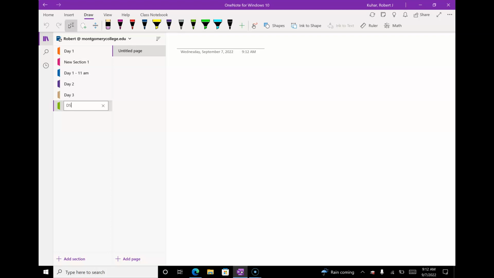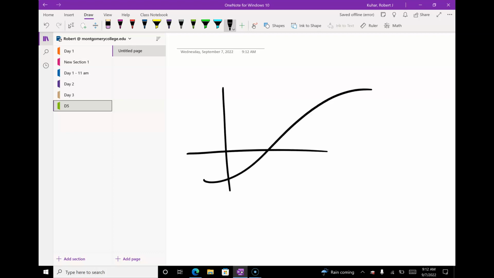I'm calling this day 5. Day 4 was Monday. We didn't have class, but it's just easier for me to think of always Monday, Wednesday, Friday. So I'm looking at, and this is not my same function, I'm just going to put a function in here. I'm looking at A and A plus H, right?